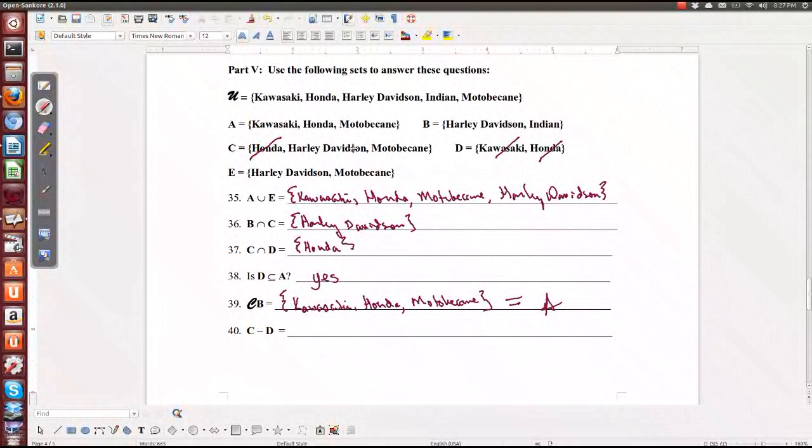So all I have left is Harley Davidson and Motobukan. So these are our set operation problems, dealing with the terms that we talked about in class this past week.